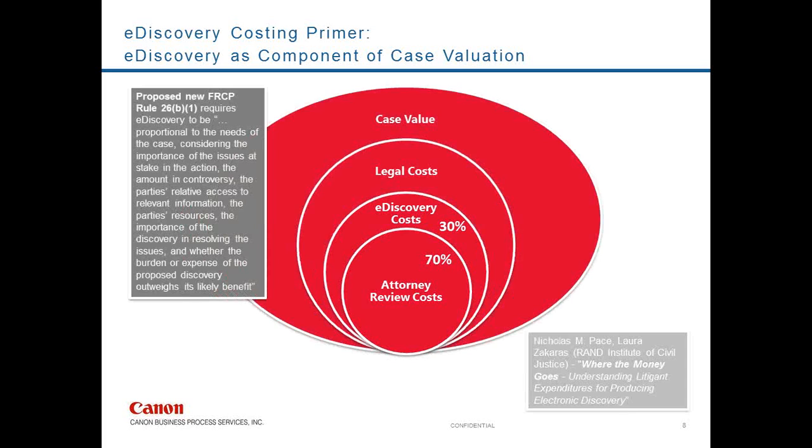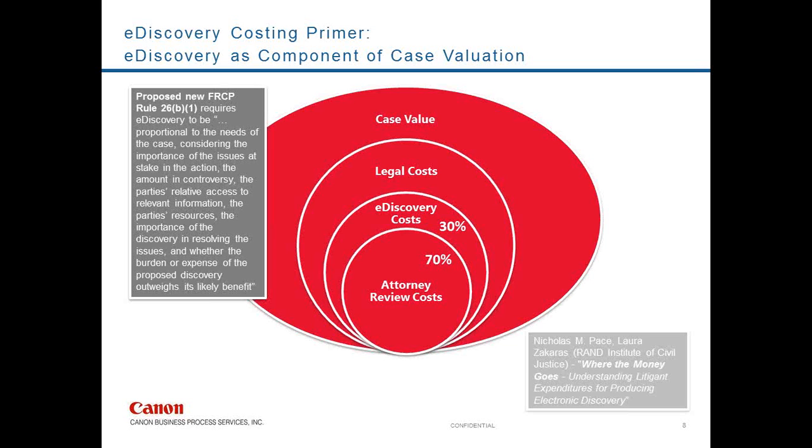So if you look at the overall e-discovery costs and attorney review costs in the context of the overall case value and legal costs, it gives you some context for looking at e-discovery costs.